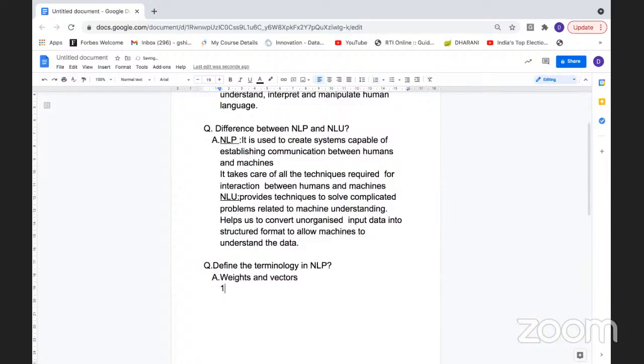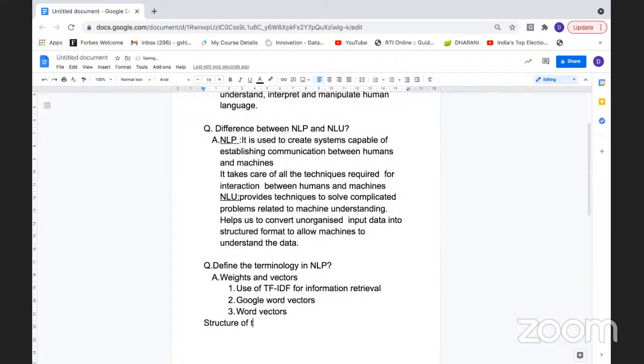Under this, first we use TF-IDF for information retrieval. Then Google word vectors, normal word vectors.